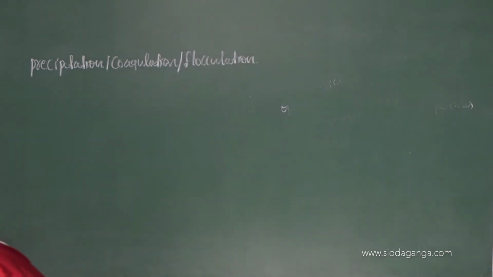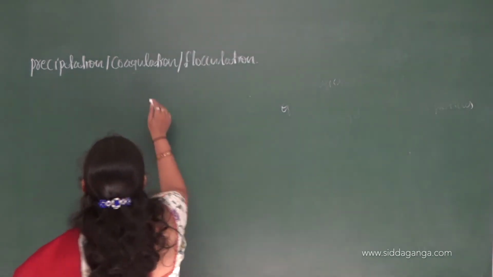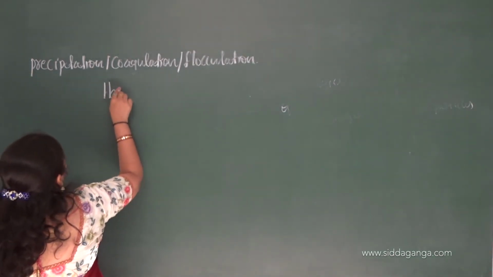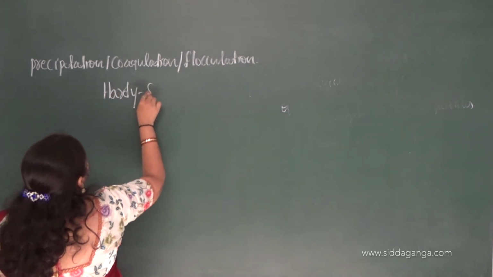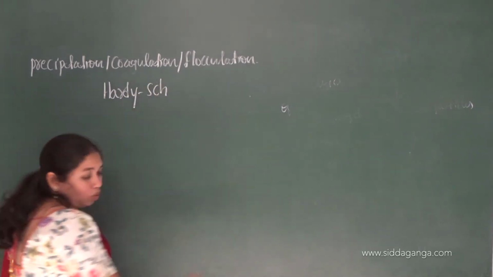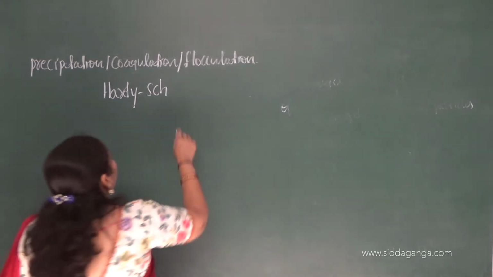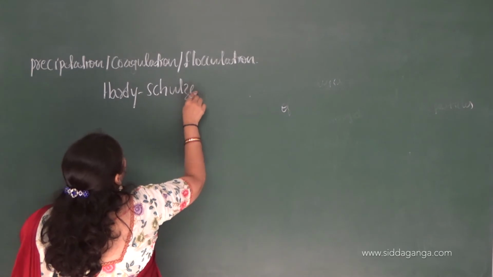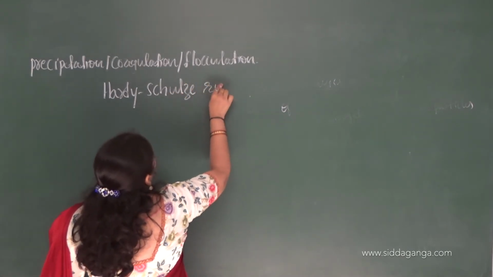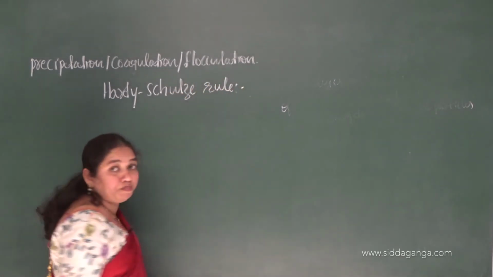So based on this we are having one rule, that rule is called the Hardy-Schulze rule. What does that say?